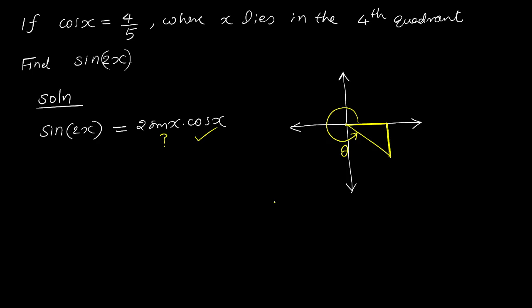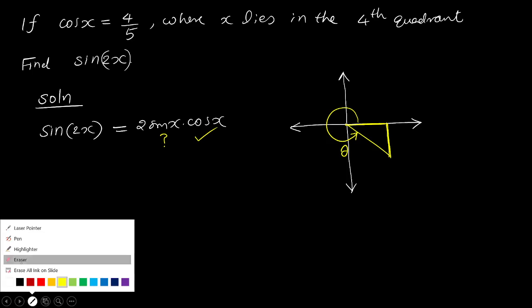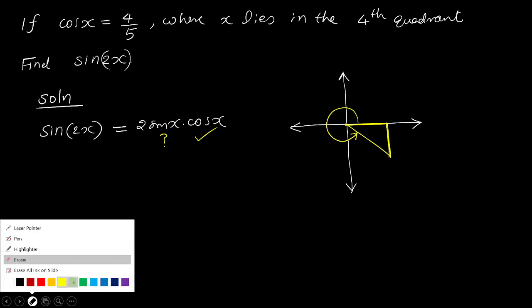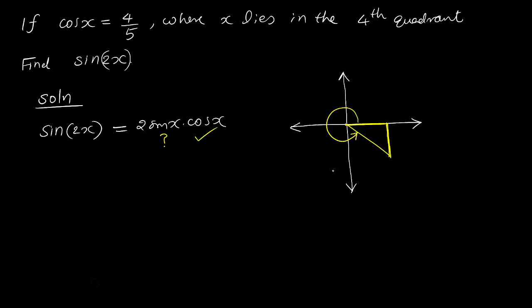Now x lies in the 4th quadrant. Devasri, are you following? Is it okay? Yes, sir. Cos x is 4 by 5. Cos x is adjacent side by hypotenuse. Adjacent side is this one, 4.